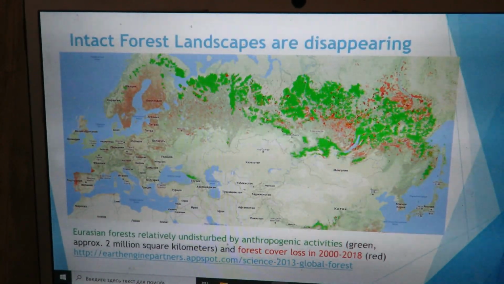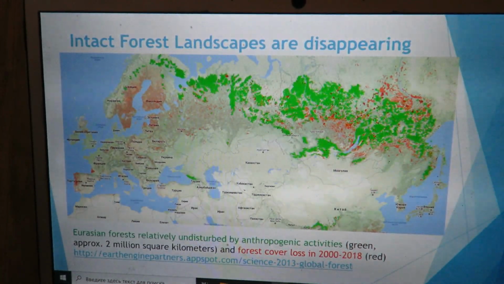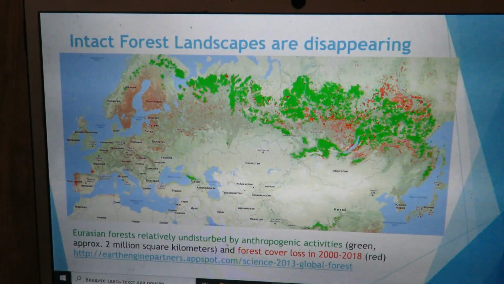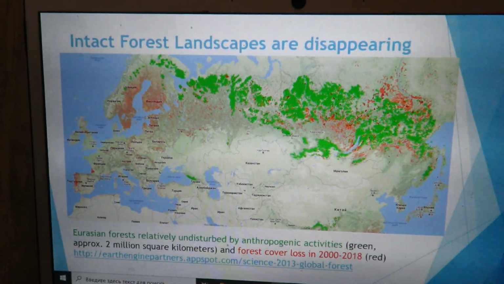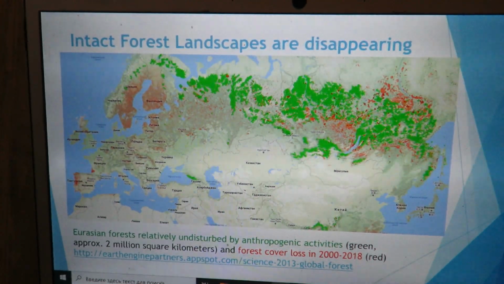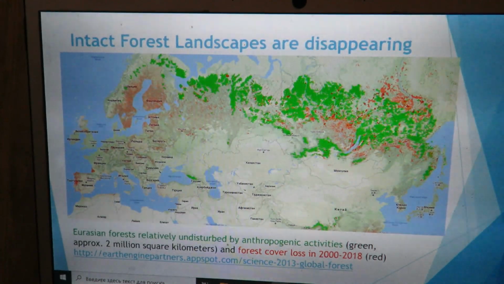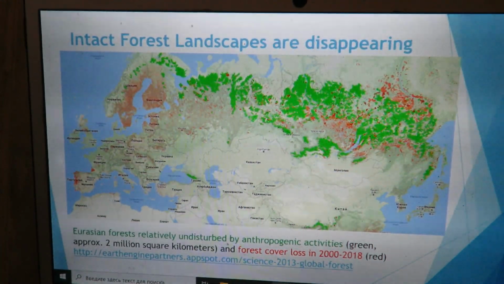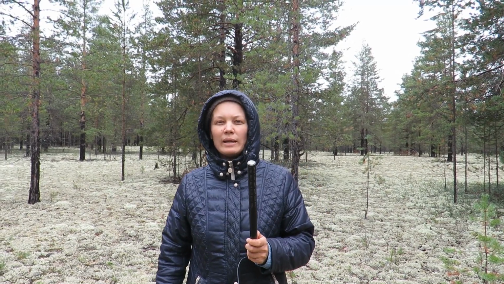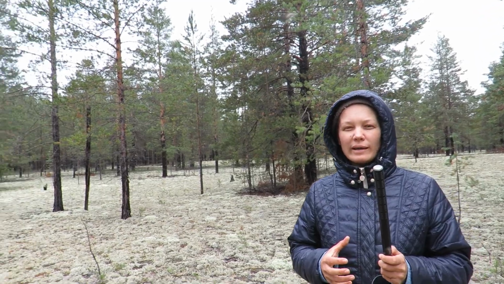And as we have discussed, there are many properties of the forest that must all be present for the biotic pump to function efficiently. And not all forest ecosystems are the same. So every forest type has its own functionality with respect to the water cycle.